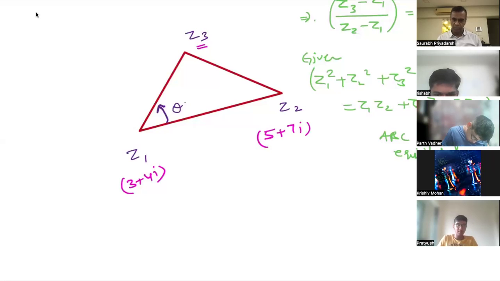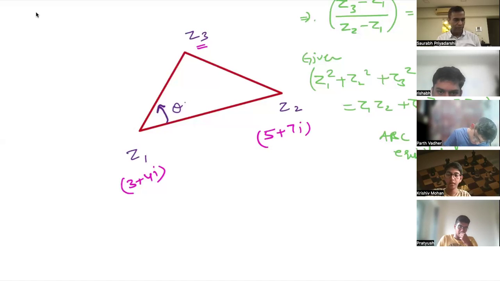Can you repeat the question? If ABC is an equilateral triangle and Z1 is given as 3 plus 4i and Z2 is given as 5 plus 7i, we have to find Z3. That's it. A simple question.